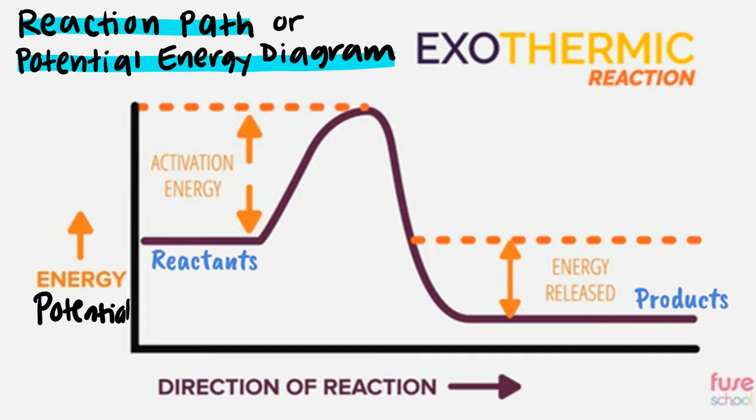So yes, we do have our reactants on the left-hand side, and they have a certain amount of potential energy. And then it shows the products on the right-hand side, and they have a certain amount of potential energy.